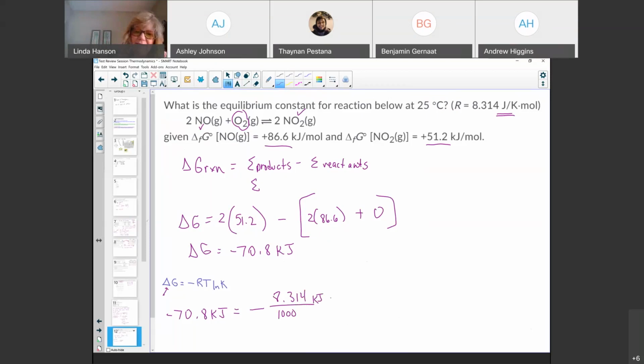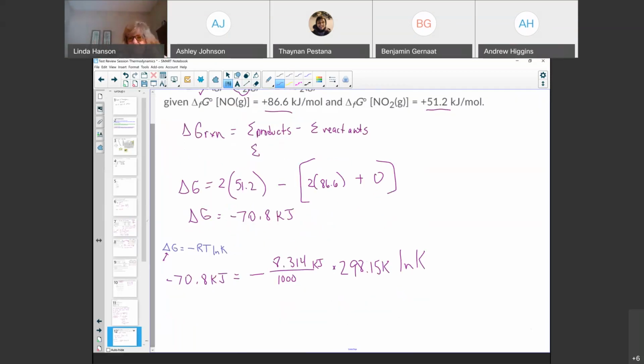And then the temperature, which is 25, which is 298.15 Kelvin. And then ln K. And we want to pull out the equilibrium constant. So I'm going to start with this algebra journey going negative 70.8, and I'll divide that by negative 0.008314.